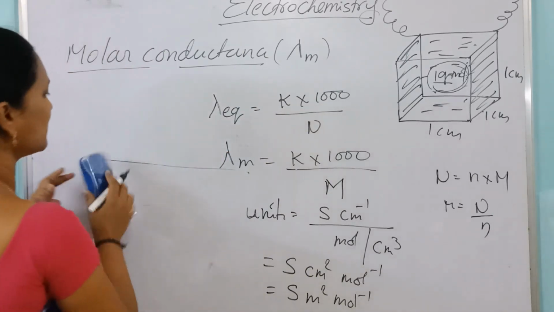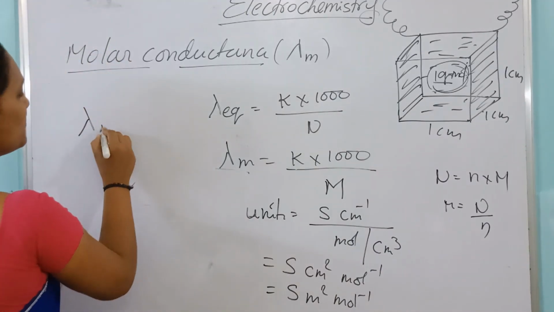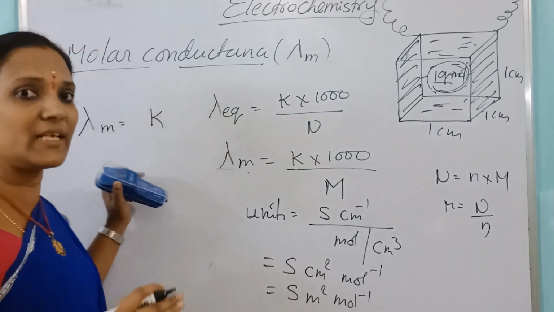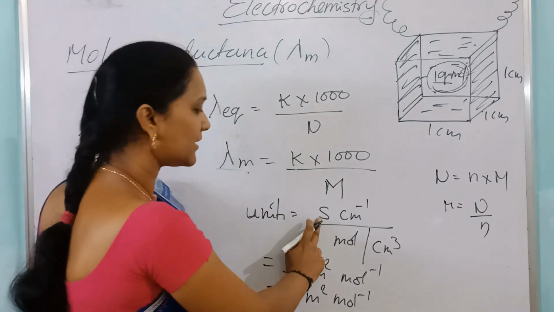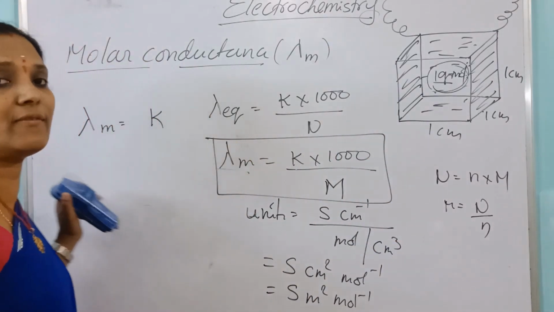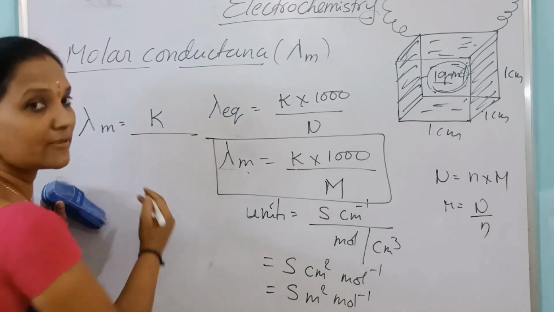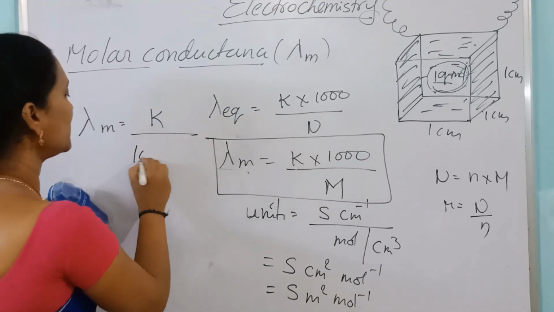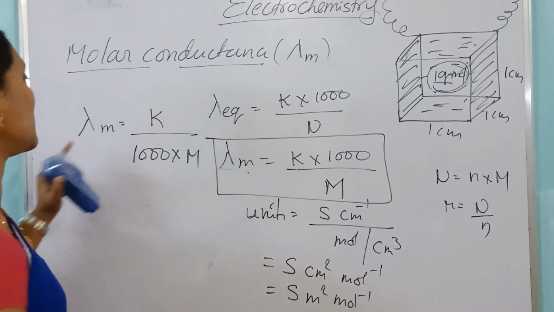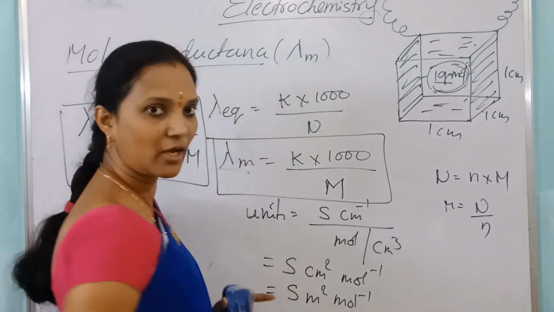The same thing applies as for equivalent conductance; the same process we have to follow. If K is given in Siemens per centimeter, we use this formula. If Siemens per meter is given, the derivation is not required now: molar conductance is K by 1000 into molarity. Carefully observe the units given and which formula to apply.